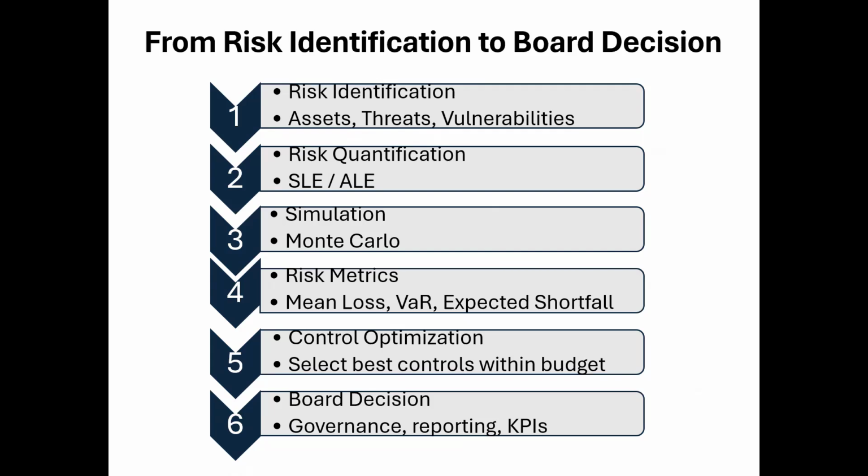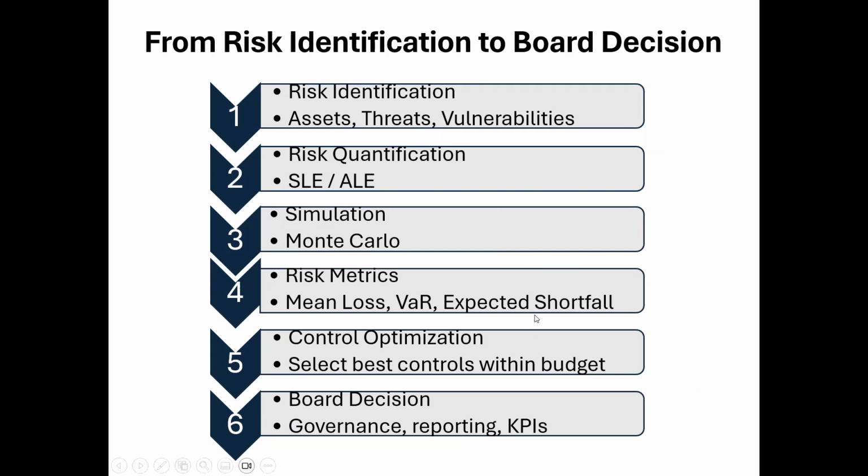And projects can be independent or mutually exclusive. Independent means you can choose to implement not just one, but 2 or 3, etc. So after this control optimization, then finally the board decision. This is now the governance, the reporting, and the key performance indicators.